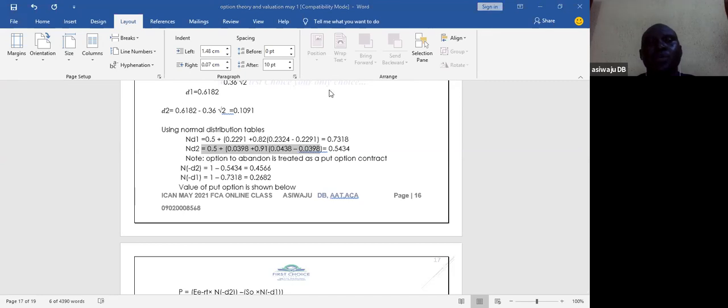Correct, thank you. We now move to valuing a put option. Note, option to abandon is treated as a put option contract.